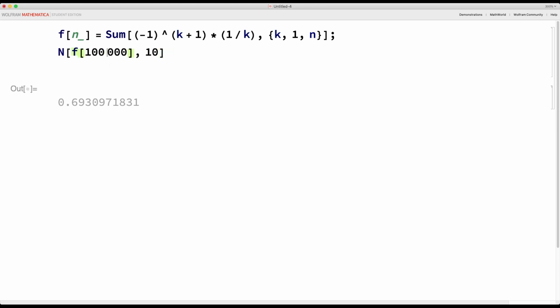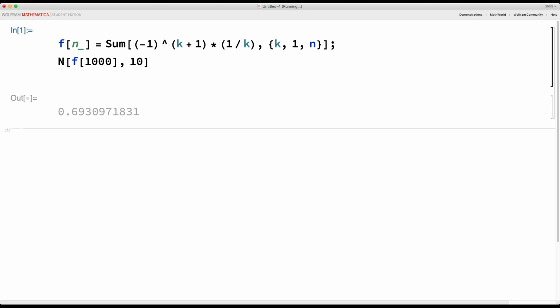Let me crank this back down to something more reasonable. Well, maybe that wasn't reasonable. Okay, now I think I've managed to crash it. There it goes. Okay, so we get that.